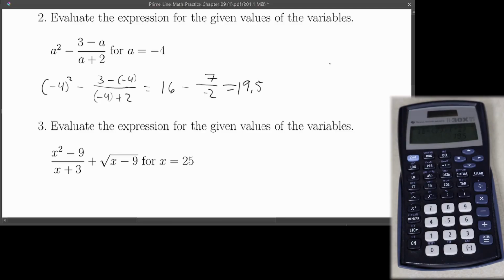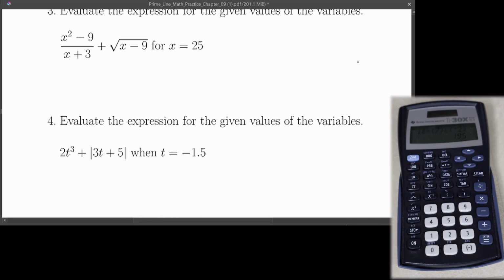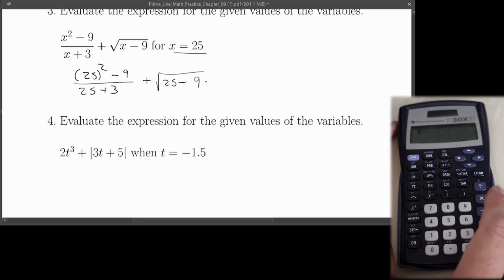Okay. Problem number 3. We're putting in 25 everywhere we have an x. So we have 25 squared minus 9 over 25 plus 3 plus the square root of 25 minus 9. We can evaluate some of these, but I think it's just going to be faster to get it all plugged in on our calculator.